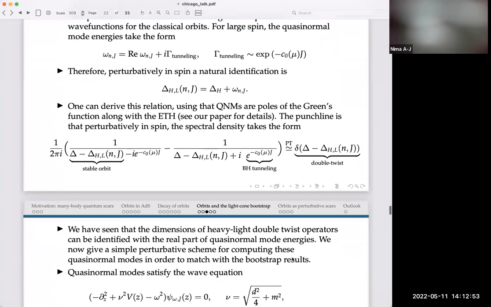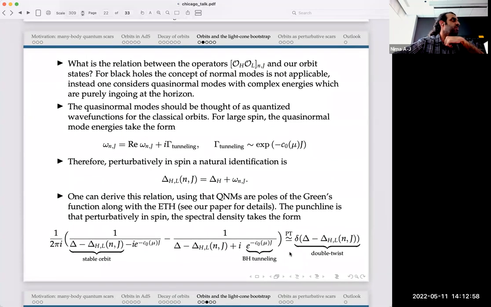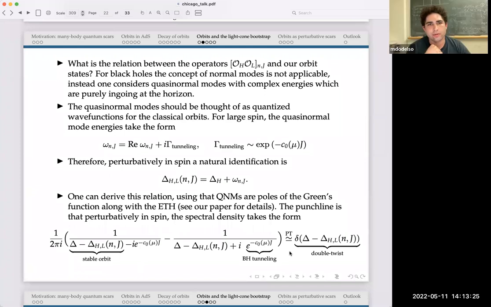Sorry, I don't understand that statement. If I compute a 4-point function in a black hole background, so 2 heavy operators and 2 light operators, and run the light cone bootstrap argument, doesn't that tell me that there are exact states in the spectrum without any complex contribution to their scaling dimension that are actual operators in the spectrum? Yeah, but the problem is that computation only knows about perturbative in spin things.